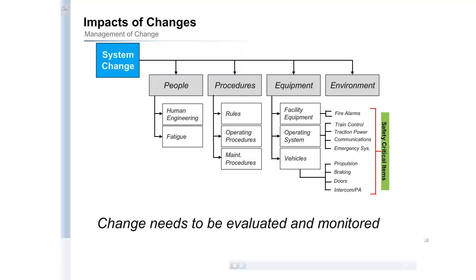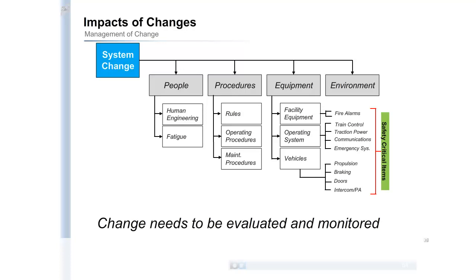Change needs to be evaluated and monitored. This illustration displays examples of possible elements to evaluate every time there is a potential system change. For instance, when it comes to people, we should consider potential human engineering and fatigue issues. When it comes to procedures, we should consider potential rules, operating procedures, and maintenance procedures issues.